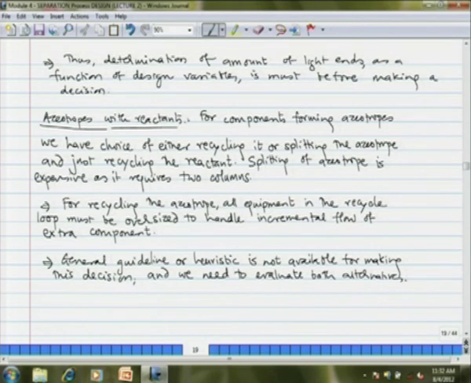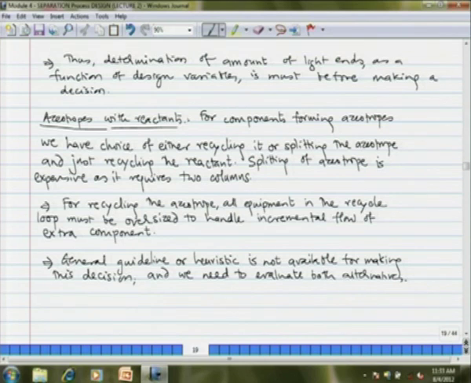Azeotropic distillation, as I already mentioned, is an expensive operation, because to break the azeotrope, many times you have to use a third component called an entrainer, and then you require two columns. The first column is for the azeotropic distillation, and the second is to recover that entrainer and recycle. For recycling the azeotrope, all equipment in the recycle loop must be oversized to handle the incremental flow of the extra component.